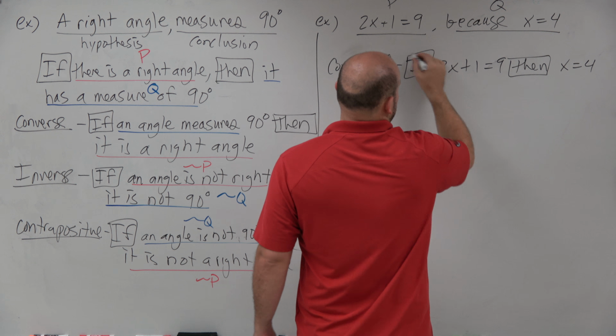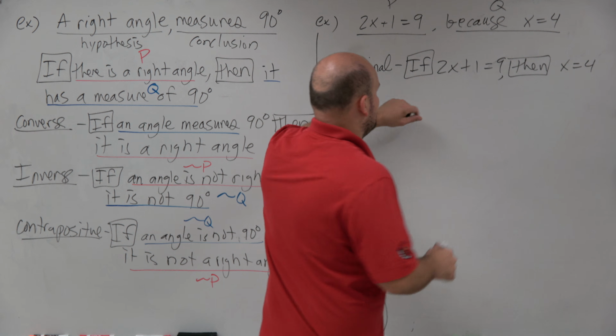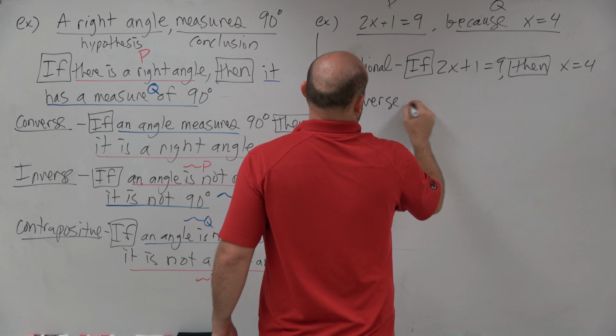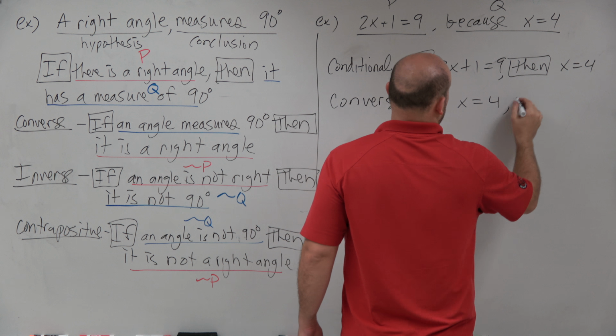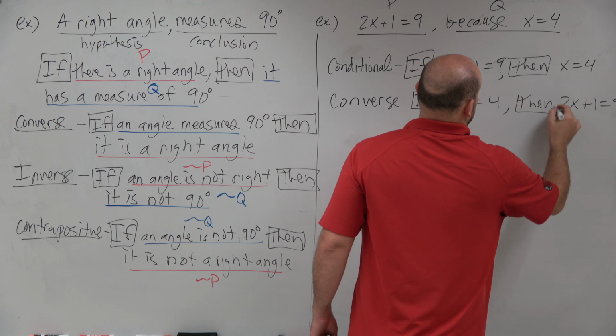Again, I'm going to box these in so you can see it's if P, then Q. Therefore, the converse is, if x equals 4, then 2x plus 1 equals 9.